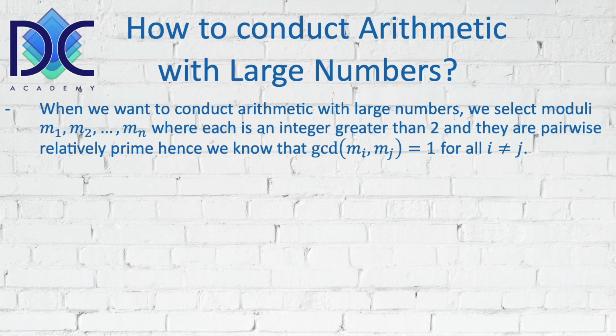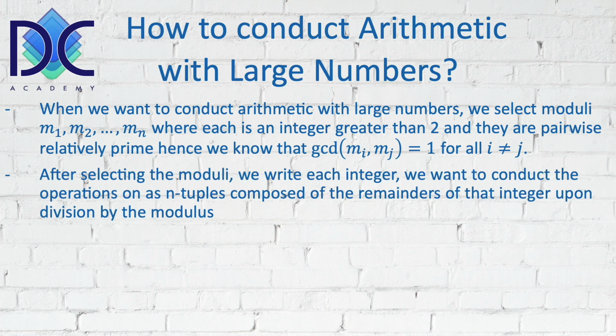Each of those moduli is an integer greater than 2, and they are pairwise relatively prime. So we know that the greatest common divisor of mi and mj is equal to 1 for all i not equal to j.